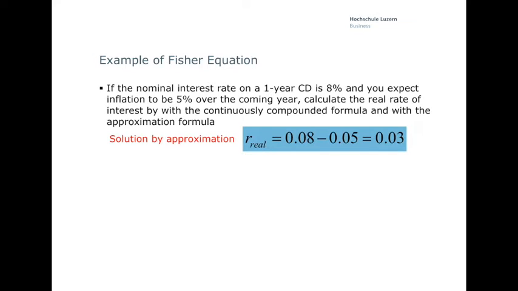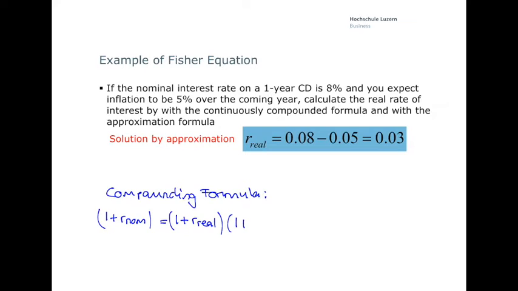Now for the next question, we actually need to calculate the compounded formula. We start from the basic formula, which is actually 1 plus the nominal interest rate is equal to 1 plus the real rate of interest times 1 plus the inflation. Solve this equation also for the real rate of interest.